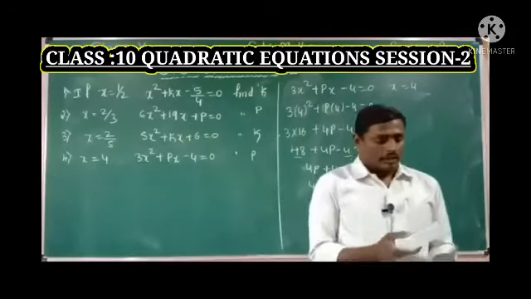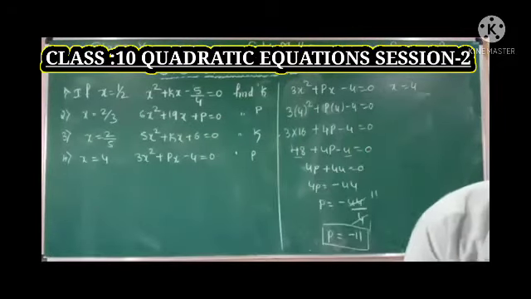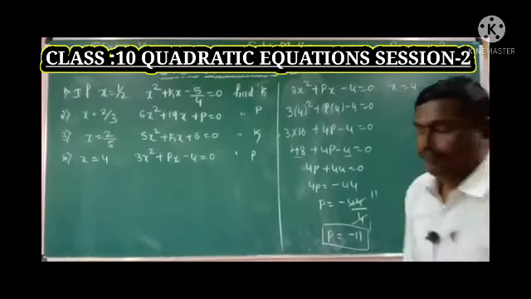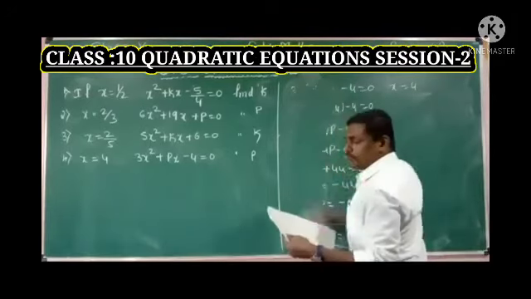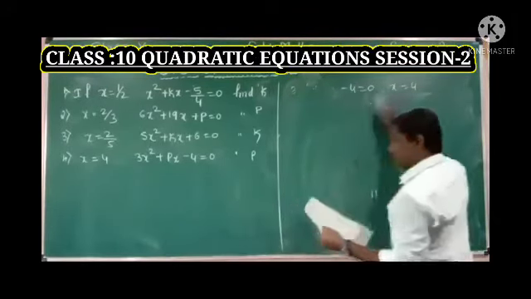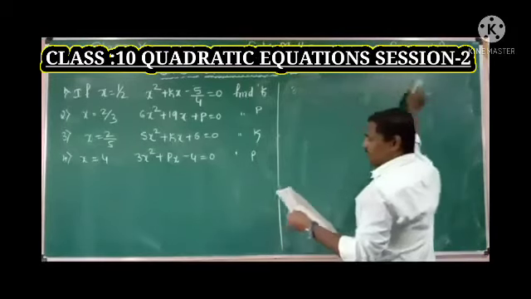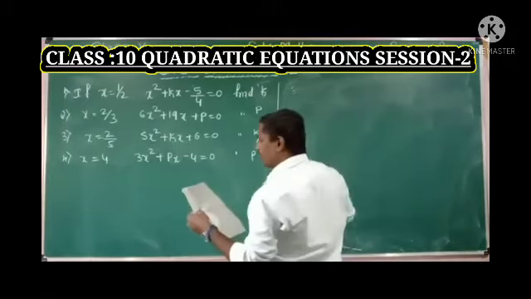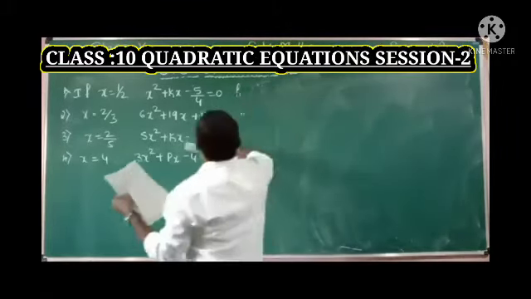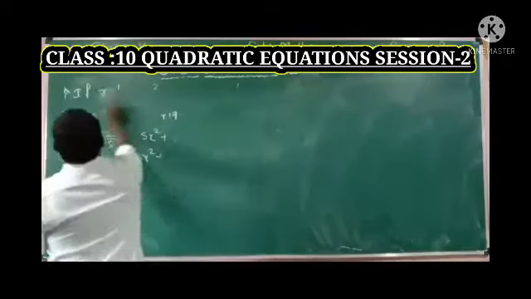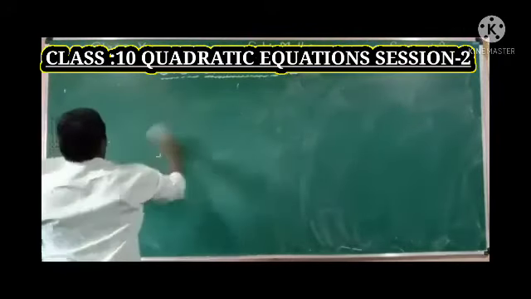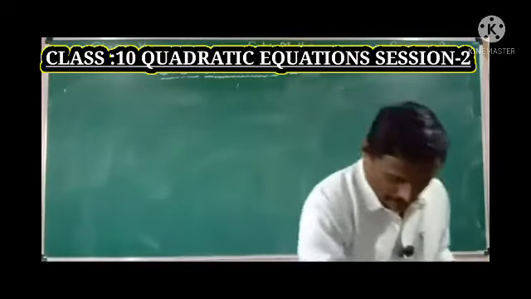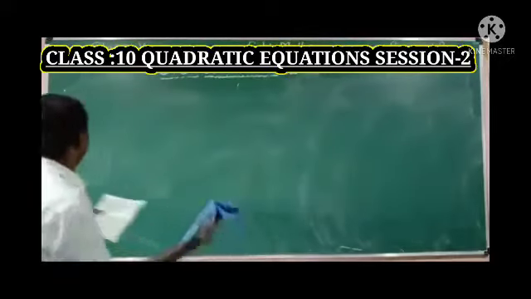Okay, next one. Next type of questions: simplify the equation and show that it is a quadratic equation. Find the coefficients of a, b, c of the standard form of a quadratic equation, ax square plus bx plus c is equal to 0.